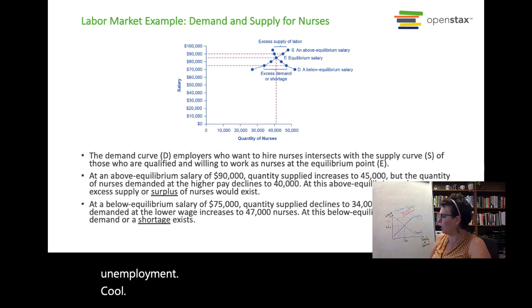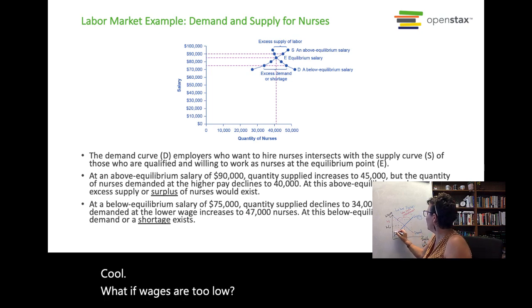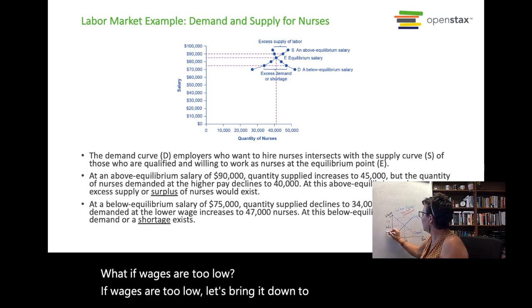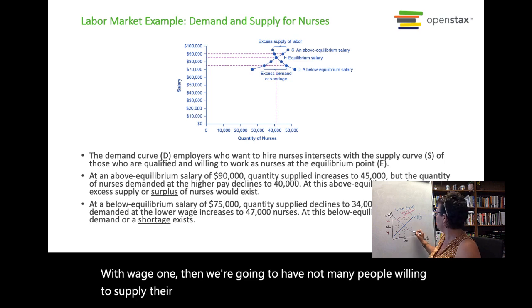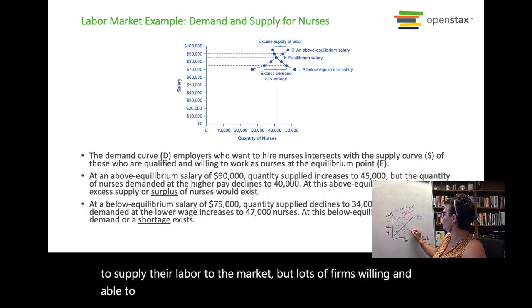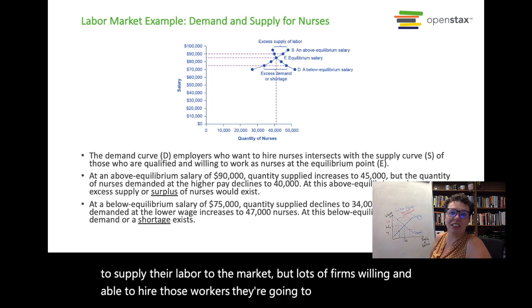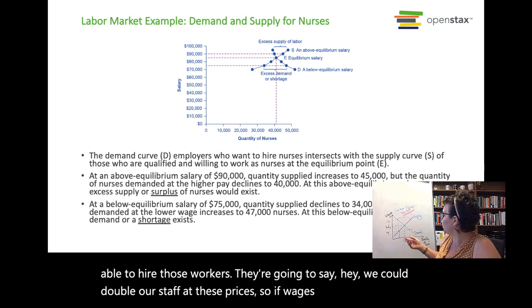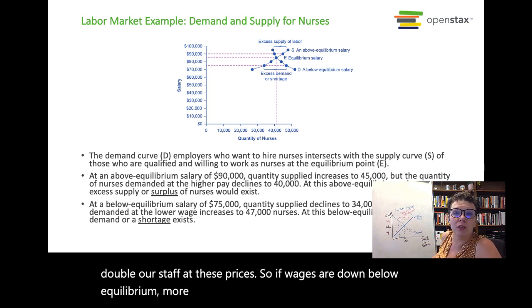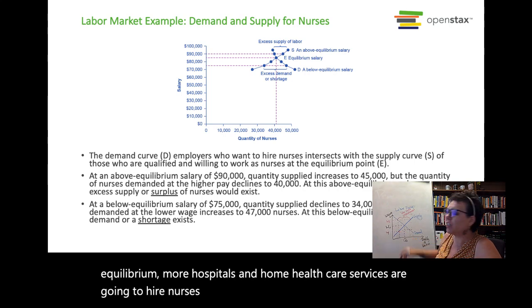What if wages are too low? If wages are too low, let's bring it down to here with wage 1, then we're going to have not many people willing to supply their labor to the market, but lots of firms willing and able to hire those workers. They're going to say, hey, we could double our staff at these prices. So if wages are down below equilibrium, more hospitals and home health care services are going to hire nurses, but not enough nurses are going to want to work for that.